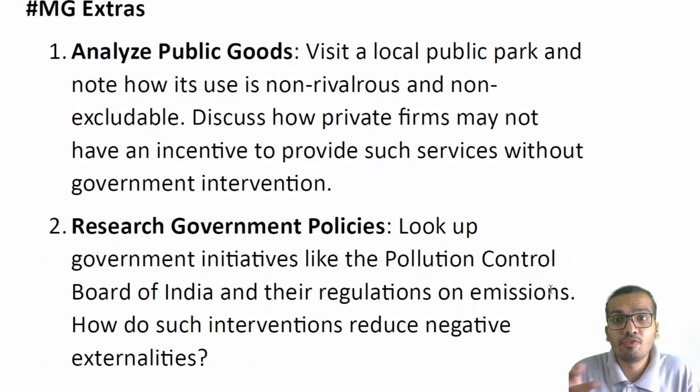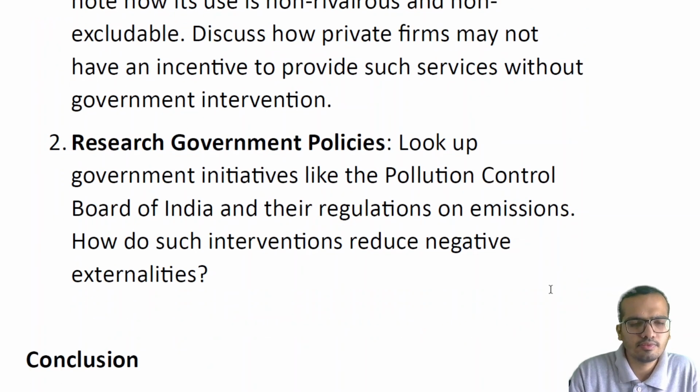Discuss how private firms may not have an incentive to provide such a service without government intervention. Second comes research government policies. Look up government bodies like the Pollution Control Board of India and their regulations on emission. How does such intervention reduce negative externalities?